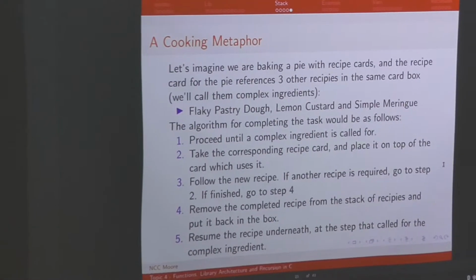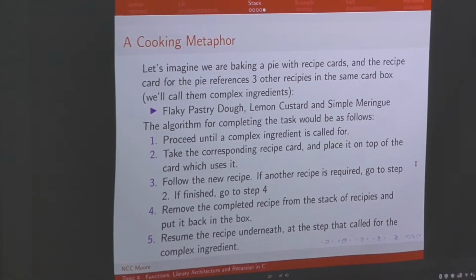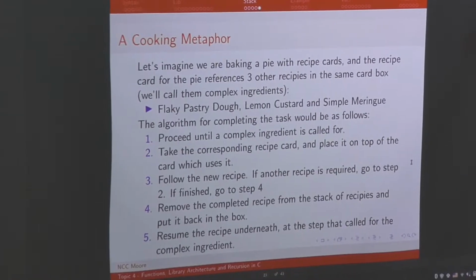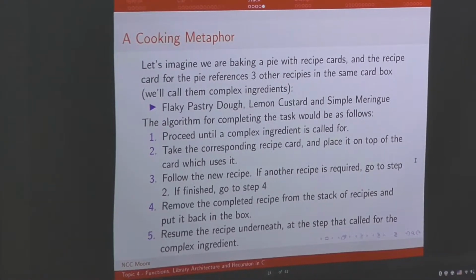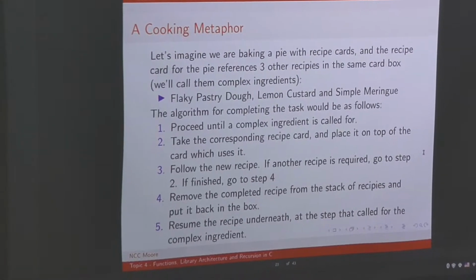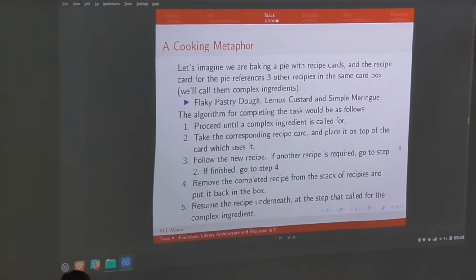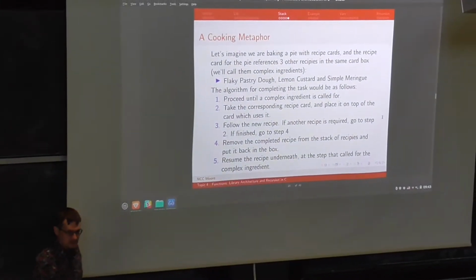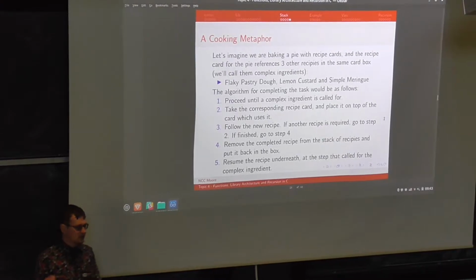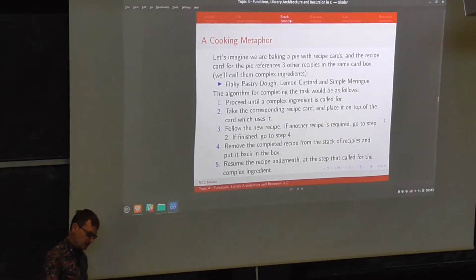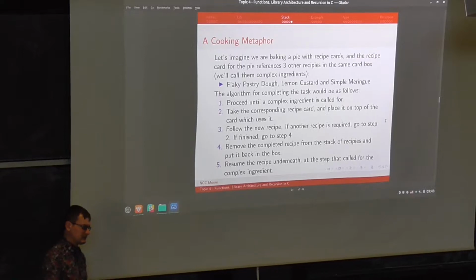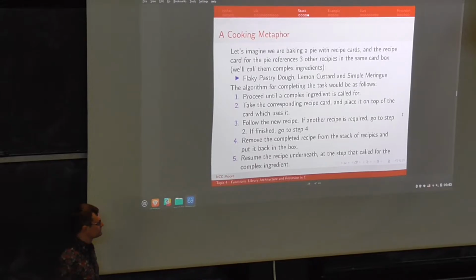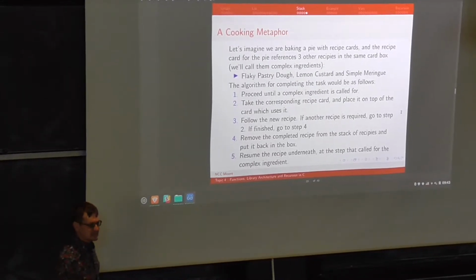The method that the computer would use to bake this pie: proceed until a complex ingredient is called for, then take the corresponding recipe card and place it on top of the card which is using that ingredient, and follow that recipe. When that complex ingredient is finished, you remove that recipe card, put it back in the box, and continue from the place you left off in the recipe that you interrupted to make the complex ingredient. Make sense?